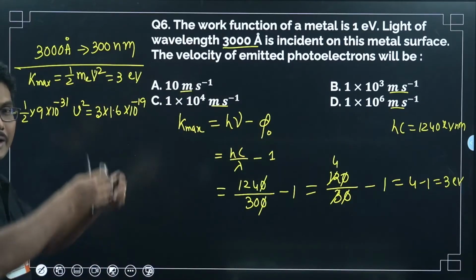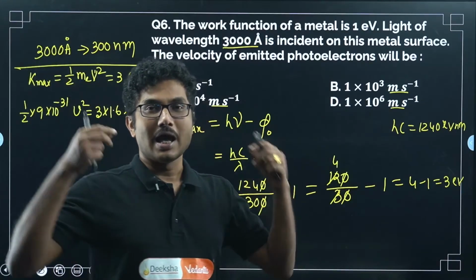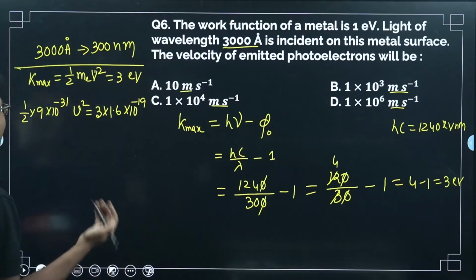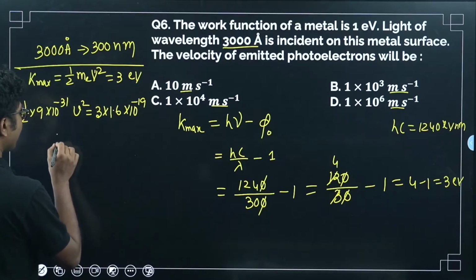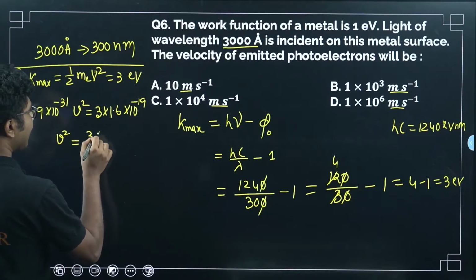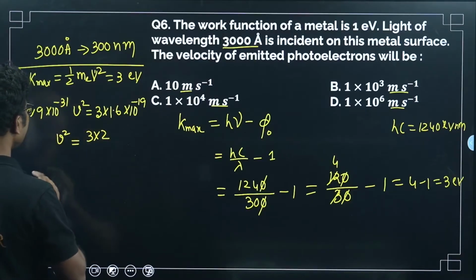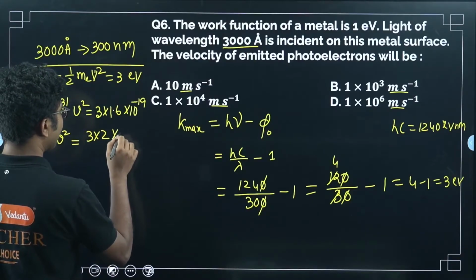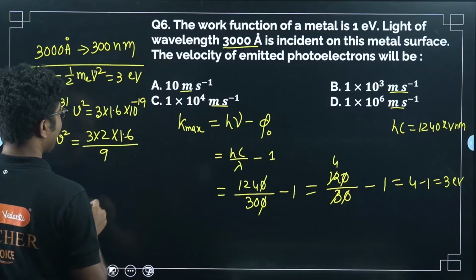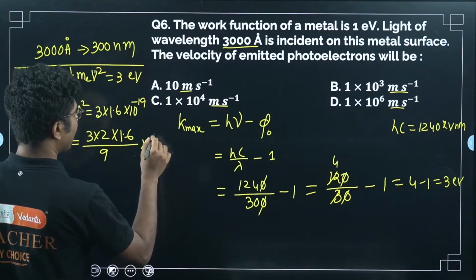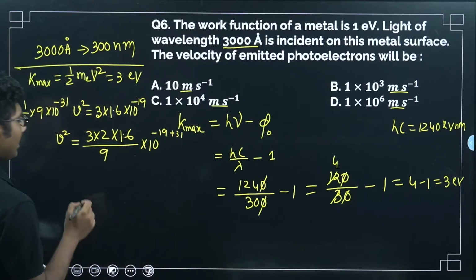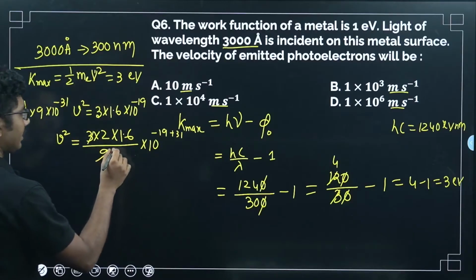So all the data are a little bit complicated. As soon as you are doing it using your own hand, you will feel comfortable. Otherwise it will be difficult for you to understand. So v square equals 3 times 2 times 1.6 divided by 9 times 10 to the power of minus 19 plus 31. Okay, so 3.